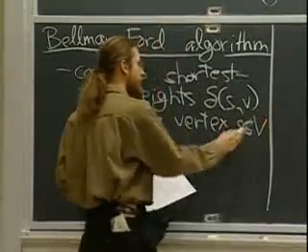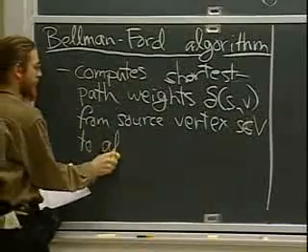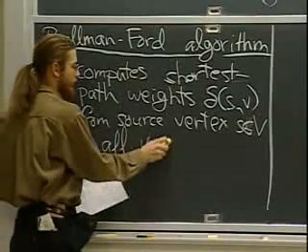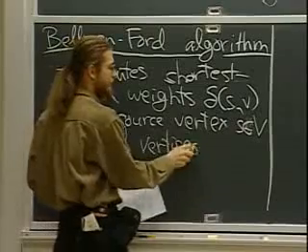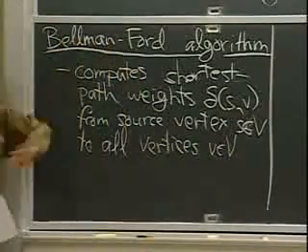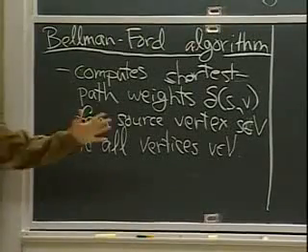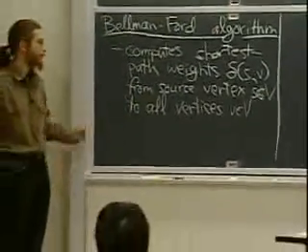S is in V. And we want to compute these weights for all vertices, little v. The claim is that computing from S to everywhere is no harder than computing S to a particular location, v, so we're going to do it for all of them.